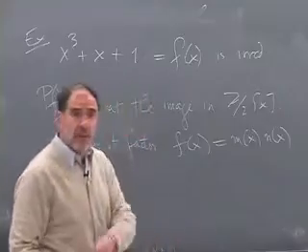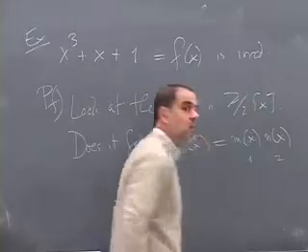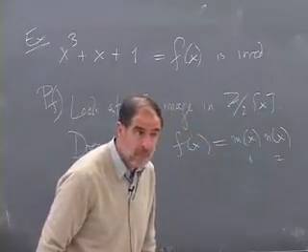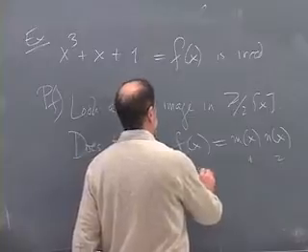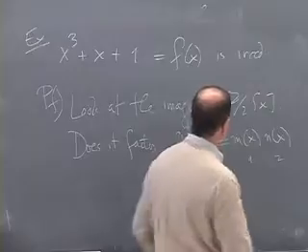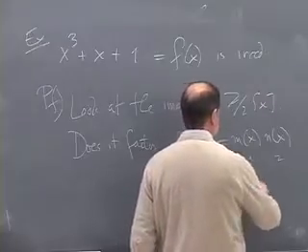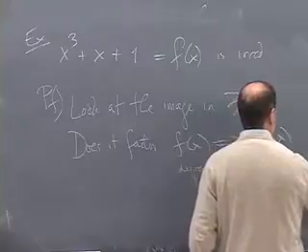If I had a non-trivial factorization, one of these things would have degree 1, one would have degree 2. I mean, they have to add up to degree 3. So if it factored in Z mod 2 of x, one of these would be of degree 1, so it would look like x plus a, and then it would be x squared plus bx plus c.